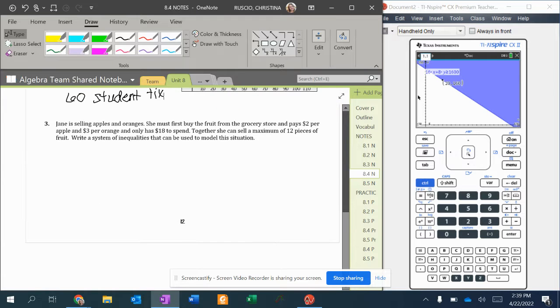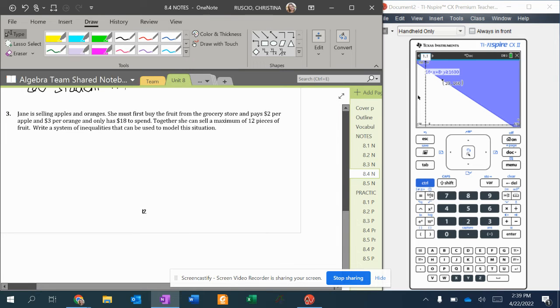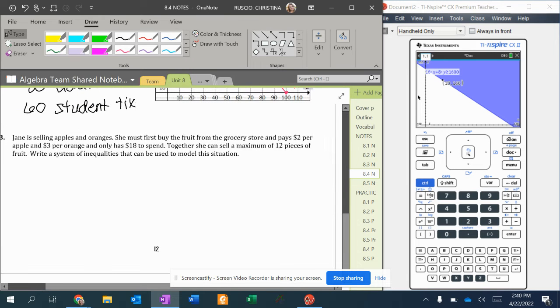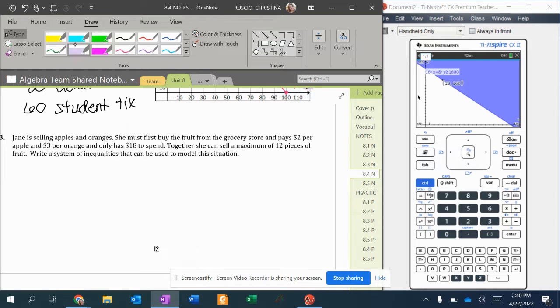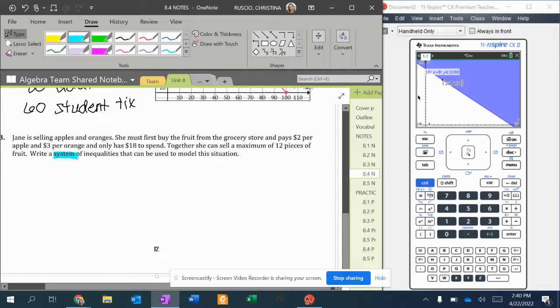All right, example number 3, Jane. She is selling apples and oranges. She has to buy the fruit from the grocery store first. She's going to pay $2 per apple, $3 per orange, and has $18 to spend. Together, she can sell a maximum of 12 pieces of fruit. Write a system of inequalities. Okay, so we need 2 inequalities.